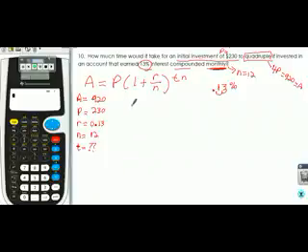So A is 920 equals P, which is 230, times 1 plus my interest rate, 0.13, over 12, raised to the 12T.